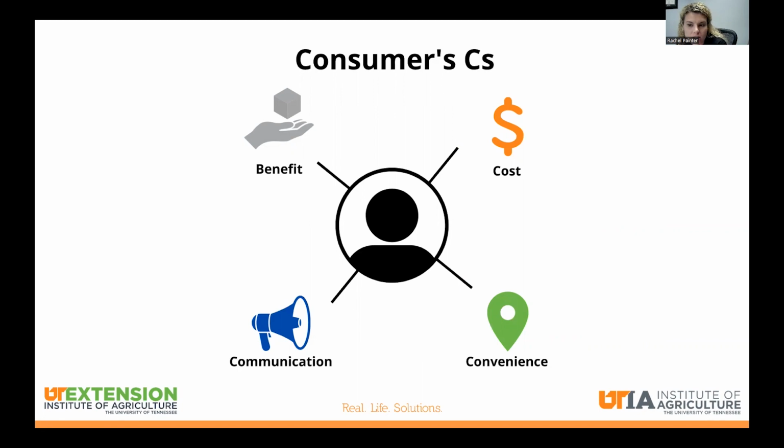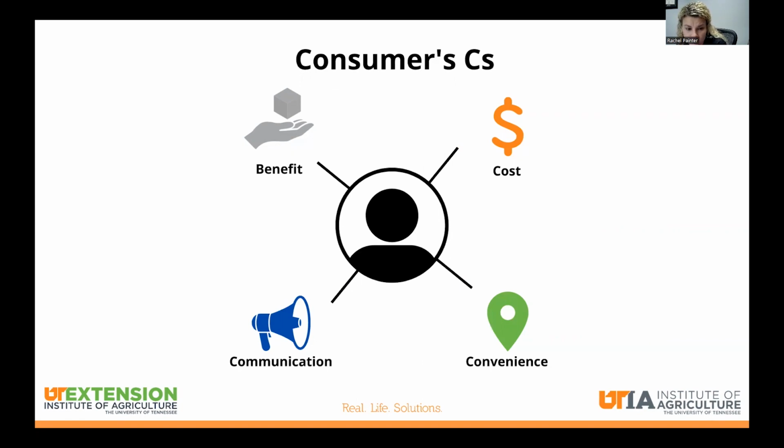Again, where are they finding their information? How can we come into contact with them? And how can we communicate with them about the values that they are seeking? And the convenience. Where are they shopping already? Where are they seeking their cut flowers from already? Are they going to the grocery store for cut flowers? Are they going to the farmer's market? Are they going to a retail store?